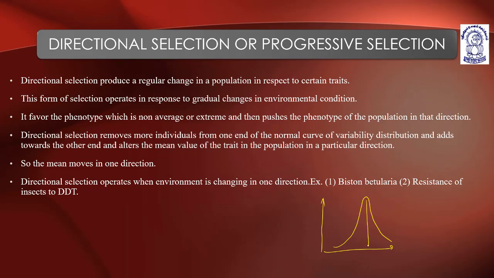So basically this mean will shift to a particular side. So the peak shifts in one direction. Understood? Previously in stabilizing selection, it was like this, equally distributed.